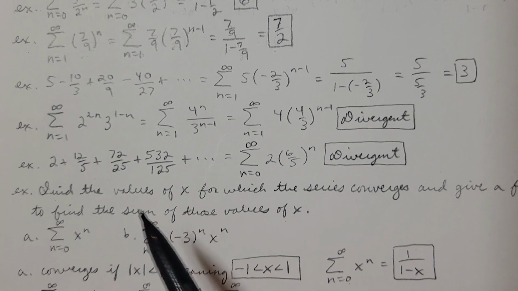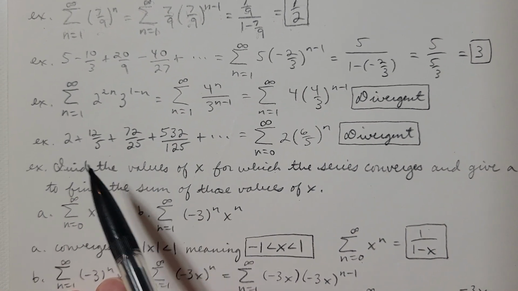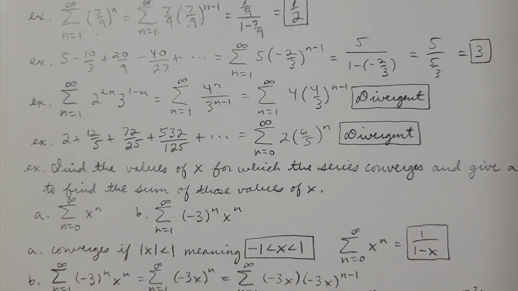Okay, let's just do one more here. So 2 plus 12/5 plus 72/25 plus 432/125 plus etc. What is the grand total from that? Okay, well, let's see.